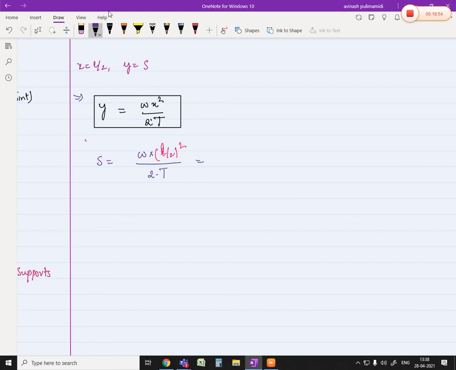So what will this value be? W times L square divided by 2 square, which is 4, into 2t. The value will be W L square by 8t. Okay, students? So thereby sag S is equal to W L square by 8 into t.